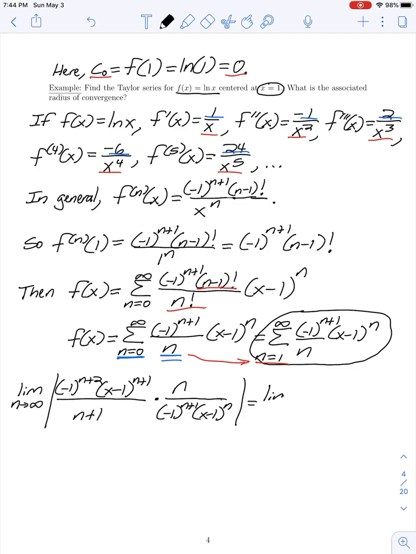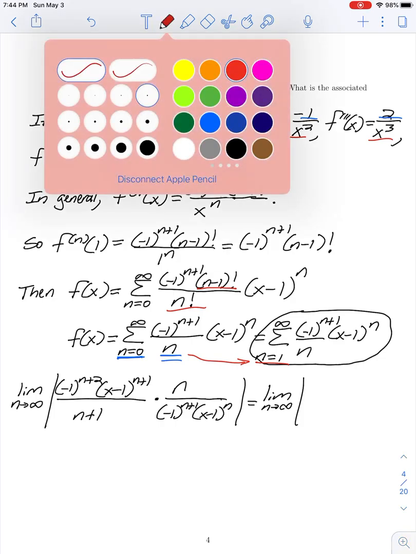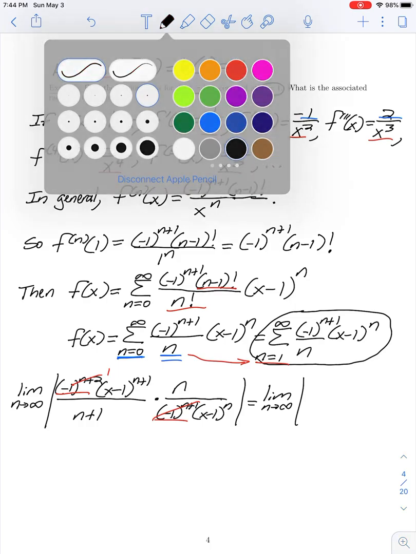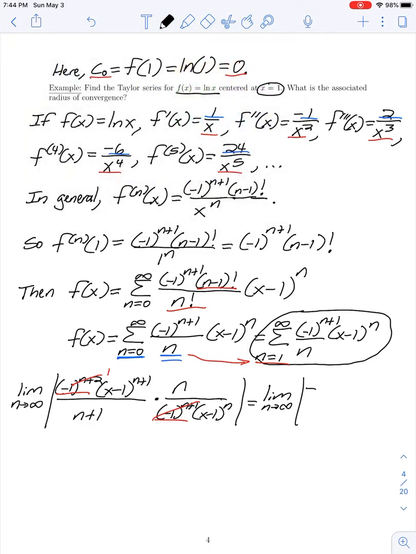So that leaves us with the limit as n approaches infinity of the absolute value of, let's see which terms are left. So we had a -1 to the n plus 2 over -1 to the n plus 1. So canceling n plus 1 powers, we have a factor of -1 in the numerator.